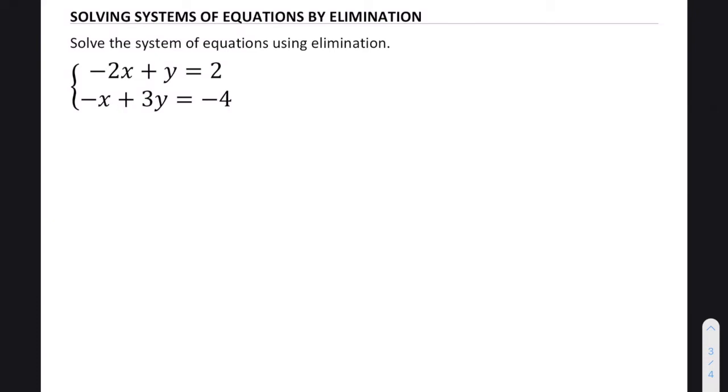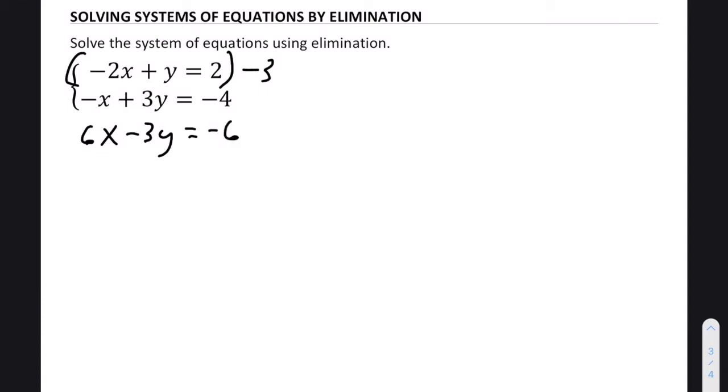That one's not much better, so we could pick either one, but let's go with the negative 3 because I think that one might be a little bit easier to do. So I'm going to multiply this top equation by negative 3, distributing the negative 3 to everything. So I'm going to have 6x and then negative 3y and then negative 6.